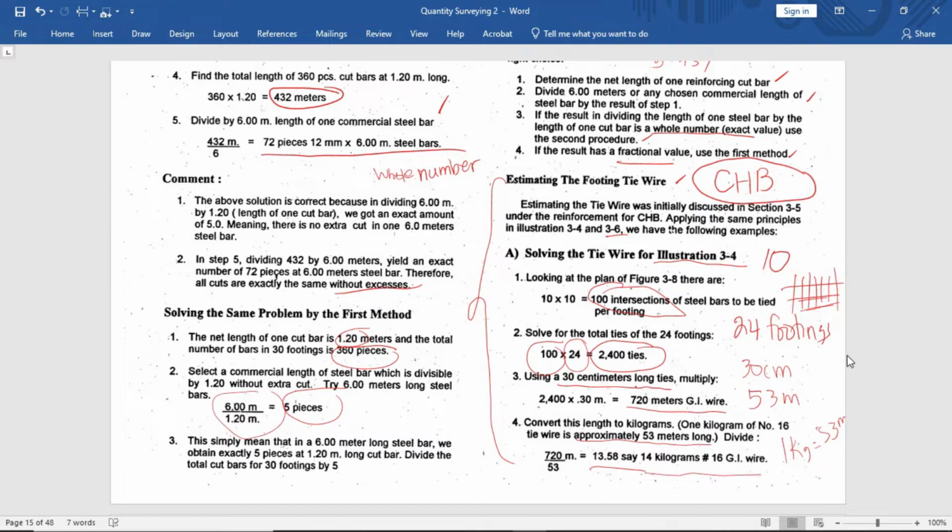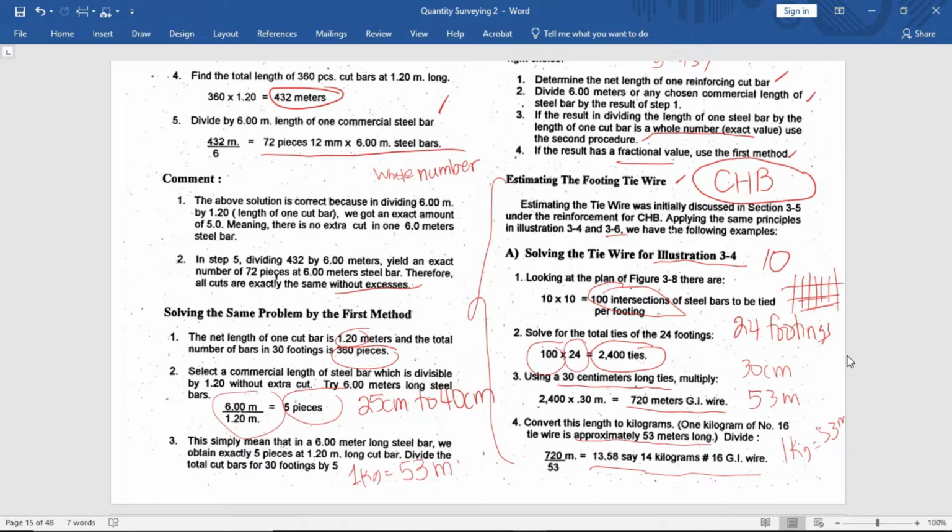Diba sabi nga last time, ang karaniwang length ng isang tying wire is from 25 centimeters to 40 centimeters. So, ang gagamitin natin is 30 centimeters long na tie wire. At sabi rin last time na approximately 1 kilogram of tie wire is equal to 53 meters of its length.